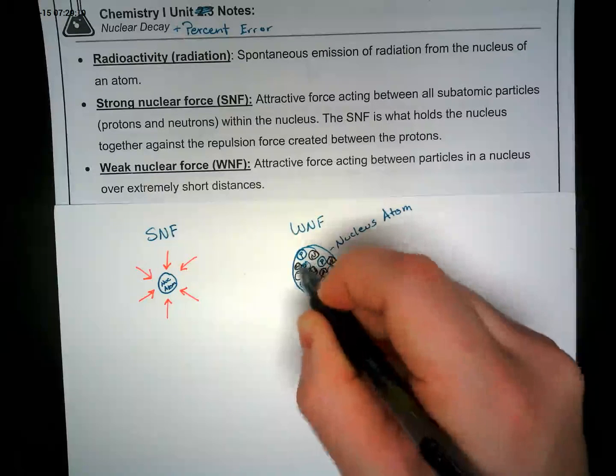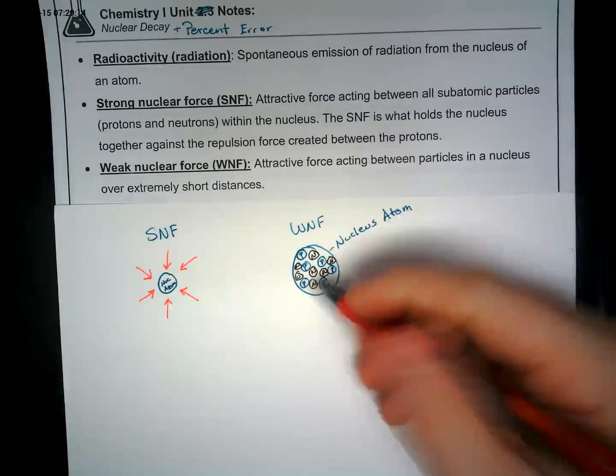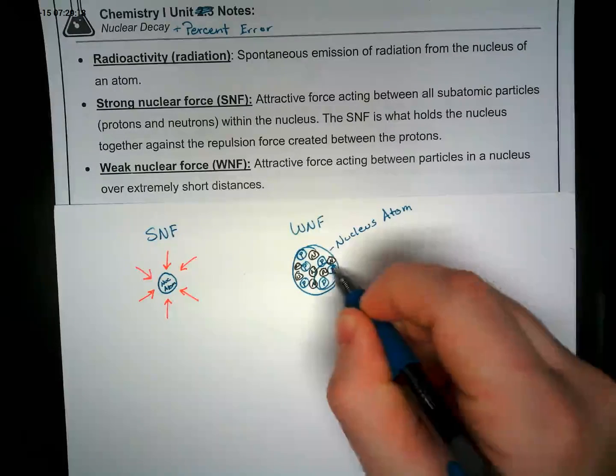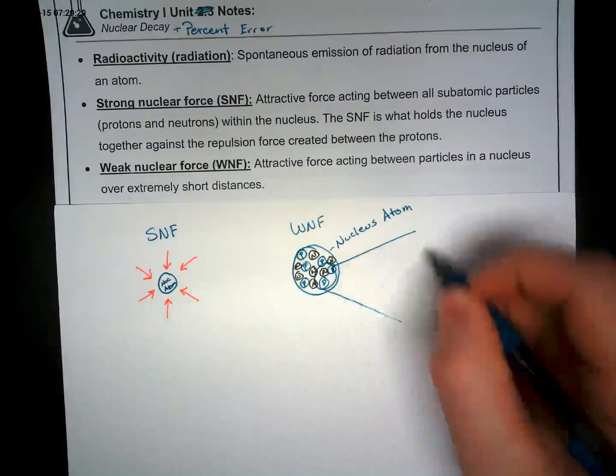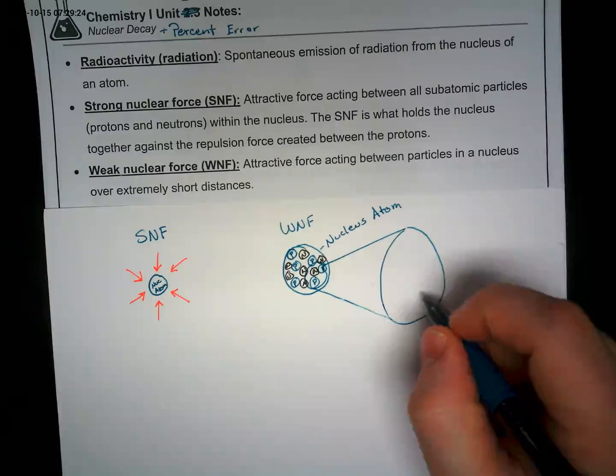But here are neutrons. The weak nuclear force, and here, let's actually blow this up. So let's say we're grabbing this guy right here, and make a blown up image of that.